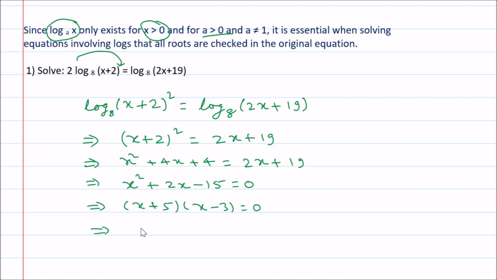This gives us x plus 5 equals 0 or x minus 3 equals 0. So x equals minus 5 and x equals 3. Here we got two values, x equals minus 5 and x equals 3.